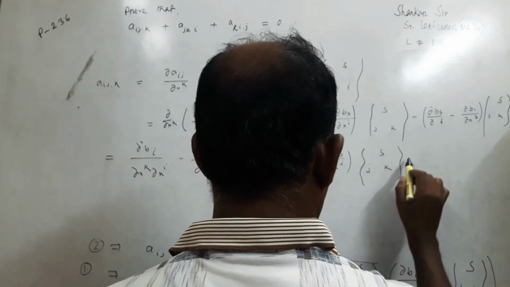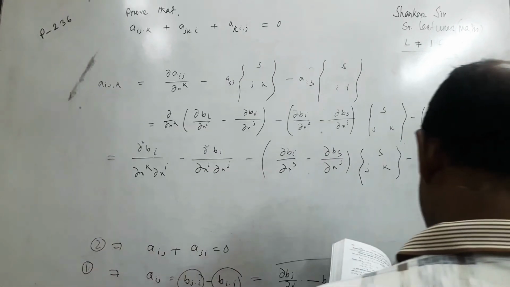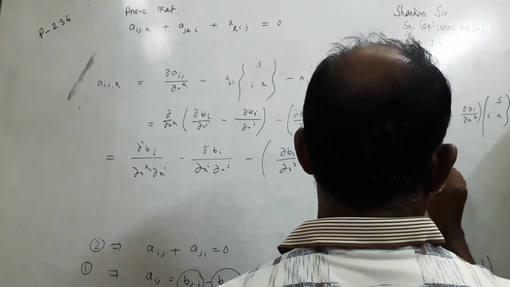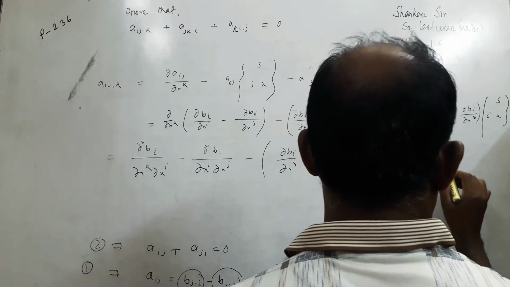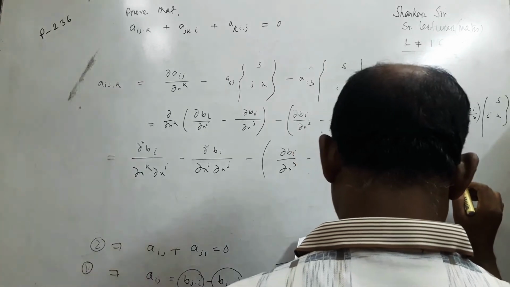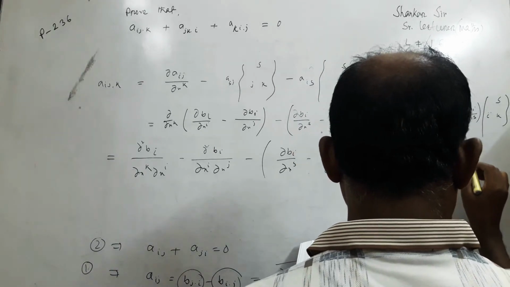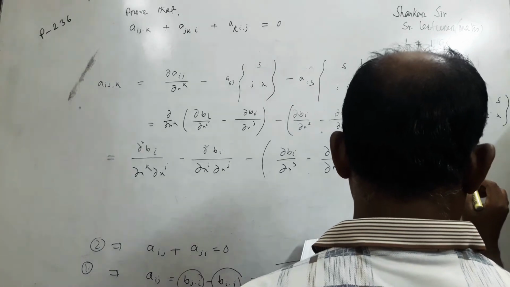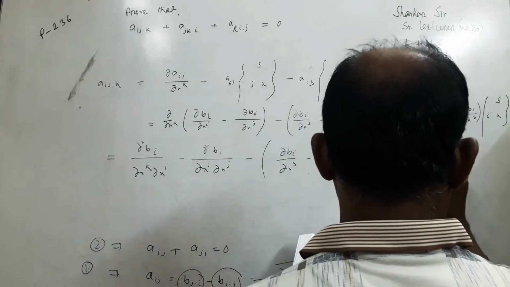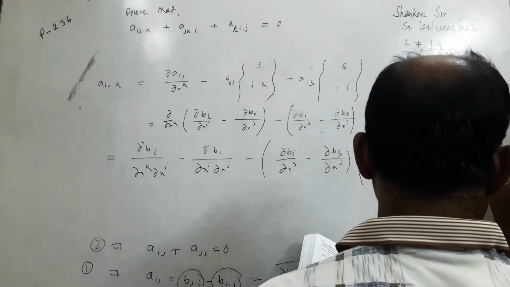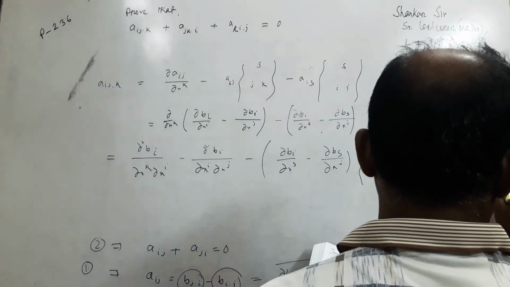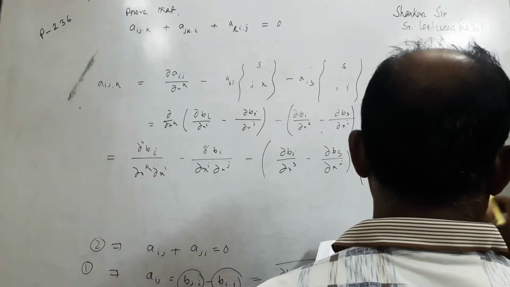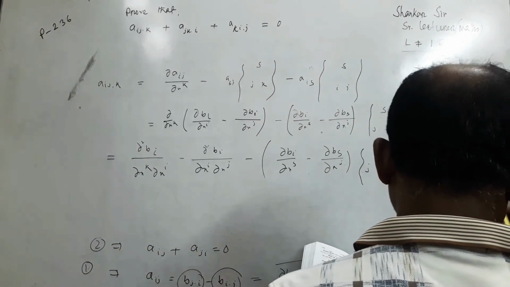It's also minus del bs by del xi minus del bi and del xs. It's a sik, and this is rule 5.